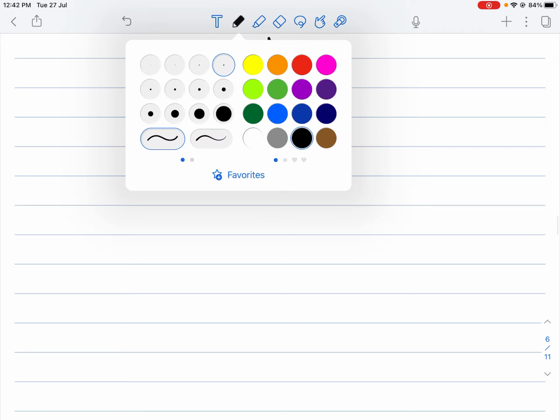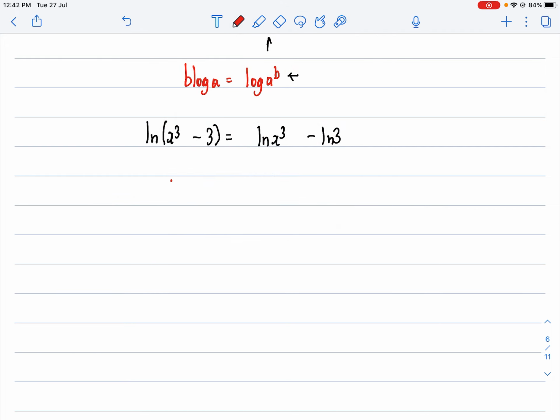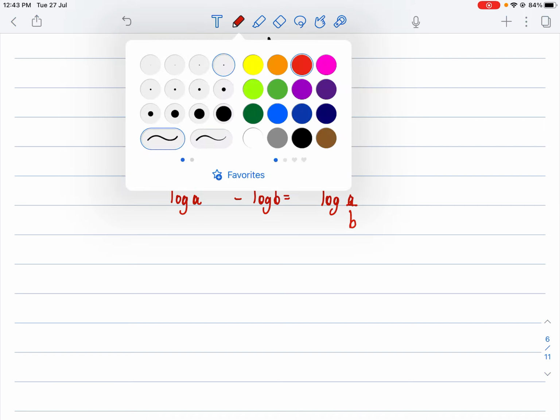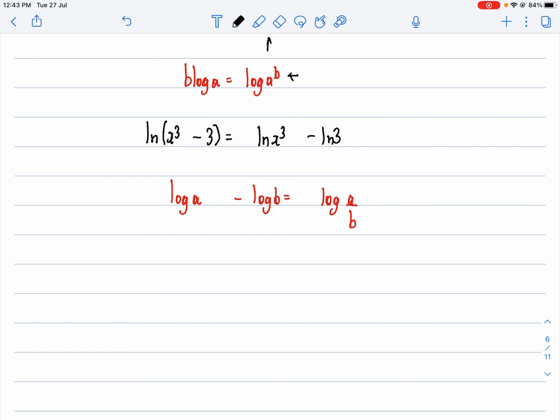Then I can use the log property, which states that log a minus log b will be equal to log a over b. It's log or ln, it doesn't matter. Ln is a natural log, it's completely alright. So here I'll basically get ln of x cubed minus 3, which is equal to ln of x cubed over 3.